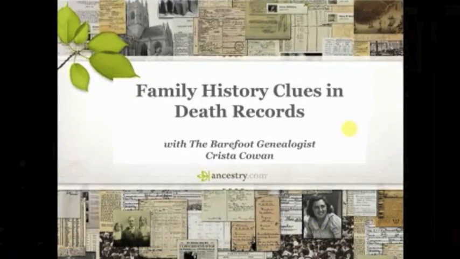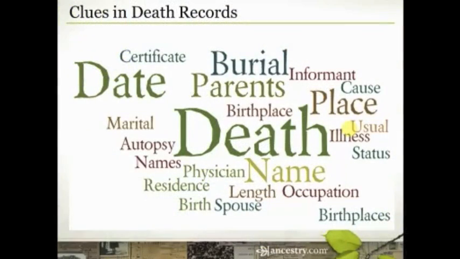Let's dive in. The first thing I want to highlight is all of the information that is available on a death certificate. Not only do you have the name of the person and when and where they died, oftentimes you have information about the cause of death, attributing causes, so other things that led up to it, how long they were attended to by a physician, and if an autopsy was performed or not.